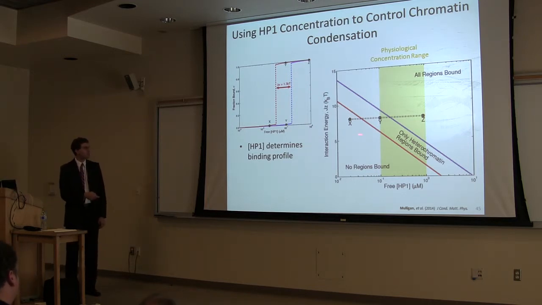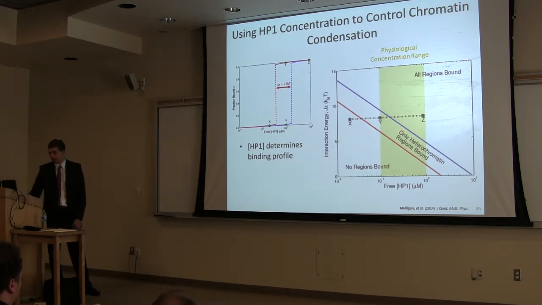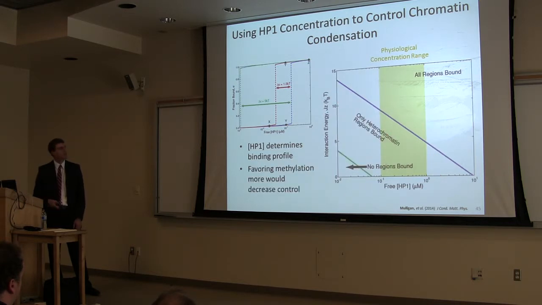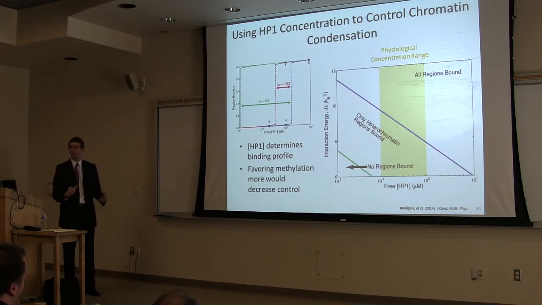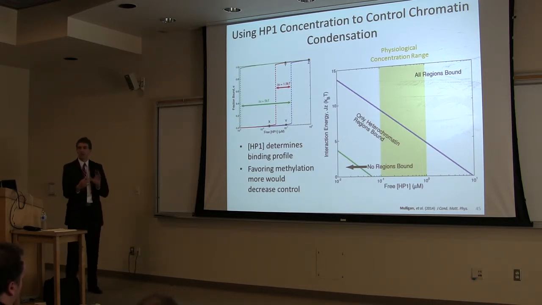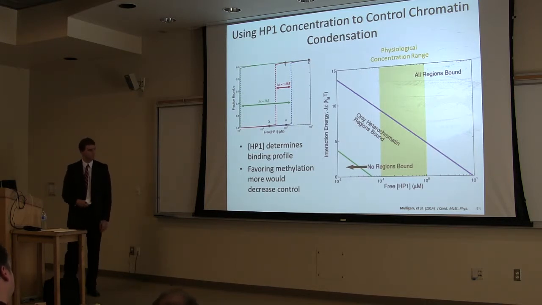The cell prefers this small window because it allows it to easily change the concentration and change the condensation amount. If instead the window were much wider, it would be impossible for the cell to change the concentration of HP1 and decondense certain regions during different pieces of the cell cycle.